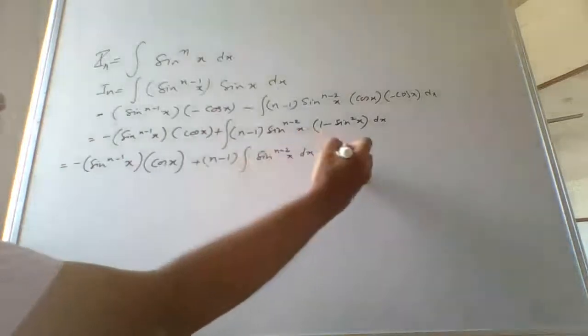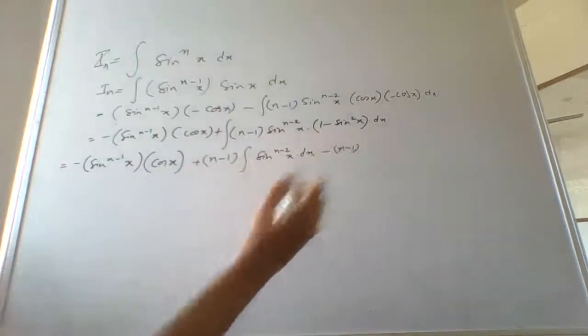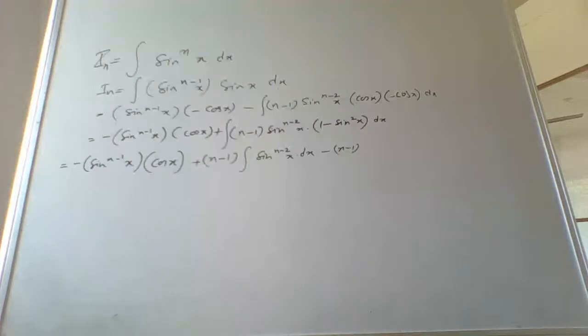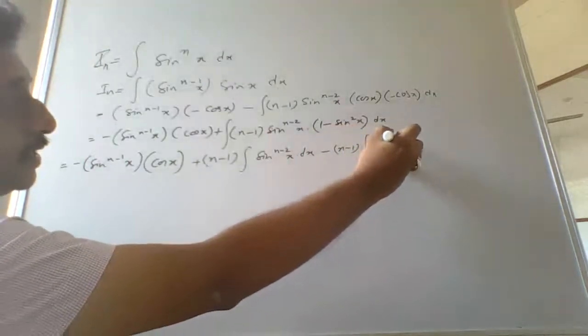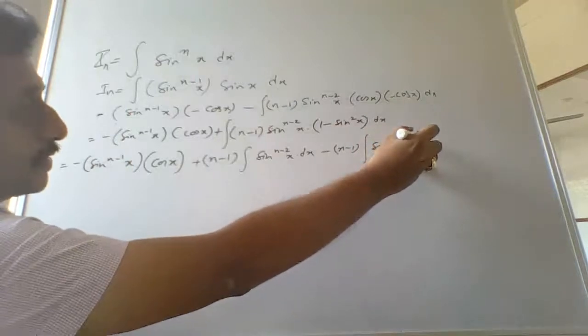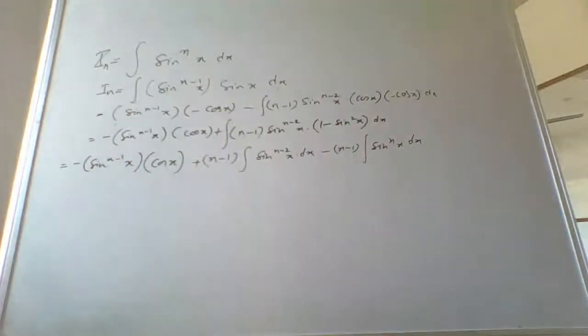So this will be n minus 1 minus the integral of sine n x dx. So this is done.